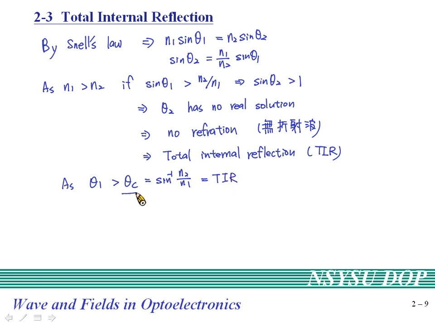So θc, which is defined in this way, we call the critical angle. This is what we have learned for total internal reflection before.